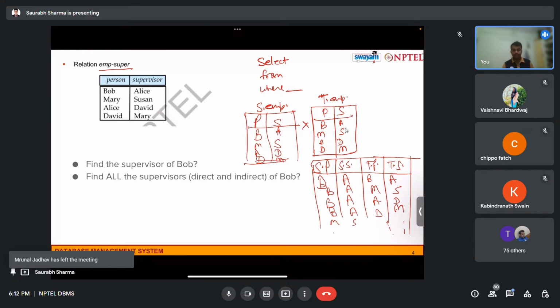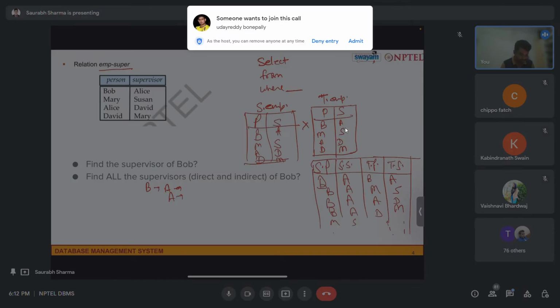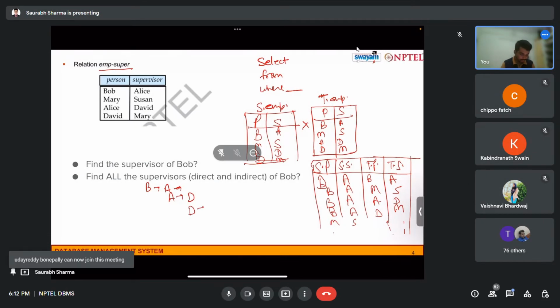So what we want is the case where, how can we get this kind of relation? Just see, we have to get this B to A, then A to D, then D to M. Where this kind of relation can be maintained, we can do it if s dot supervisor is equal to t dot person.